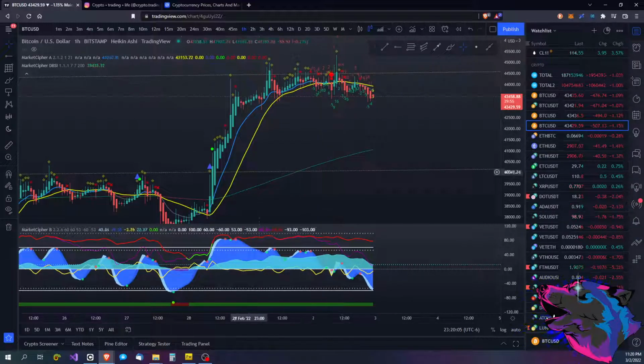So what is Market Cipher? Market Cipher is an indicator that you add into TradingView that is like a paid subscription, if you will, whether it be 6-month or yearly or lifetime. Matter of fact, I don't even know if they have the 6-month anymore, but I think they do. Anyway, you get a few different parts to it that are separate indicators.